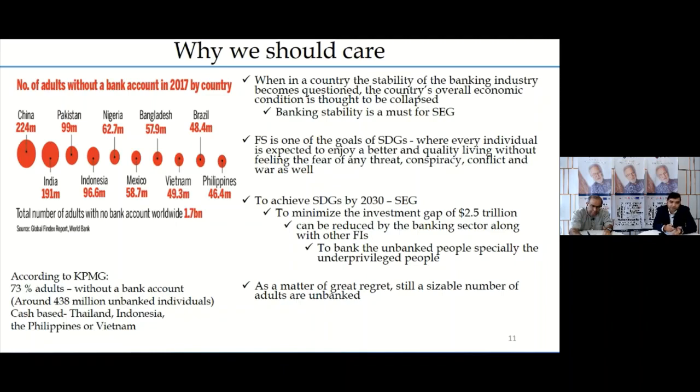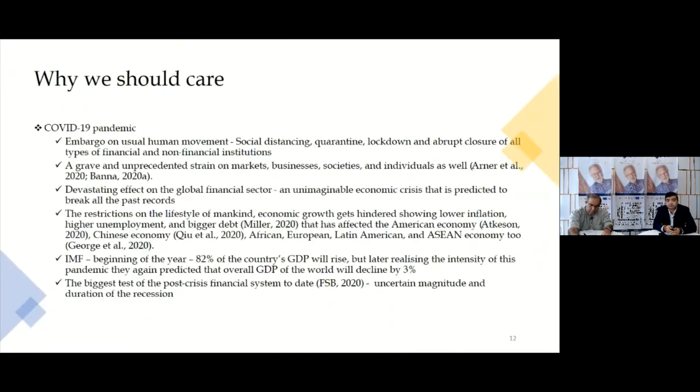And according to KPMG, 73% of adults among the ASEAN countries are without a bank account, which, if we turn it into a number, is around 438 million individuals. Mostly they rely on cash rather than the digital one.